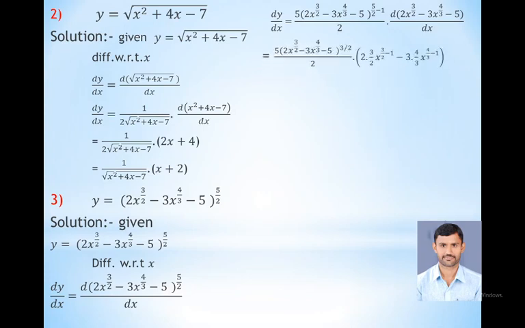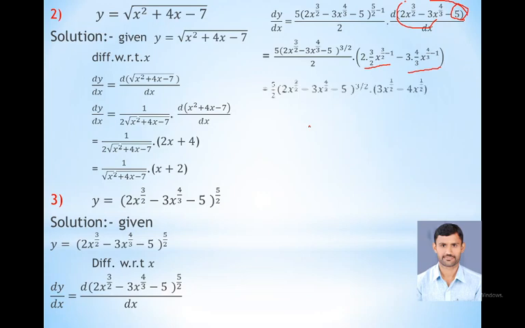Which is equal to 5/2 into (2x^(3/2) − 3x^(4/3) − 5)^(3/2) into the derivative of 2x^(3/2) − 3x^(4/3) − 5, which is nothing but 2 into 3/2 into x^(3/2 − 1) minus 3 into 4/3 into x^(4/3 − 1). We know that the derivative of a constant function is 0. So the derivative of 5 is 0.